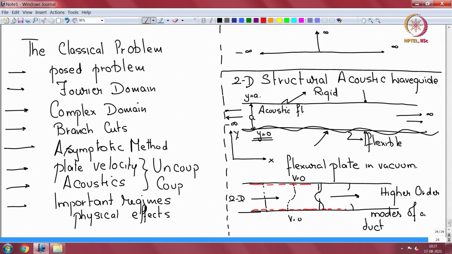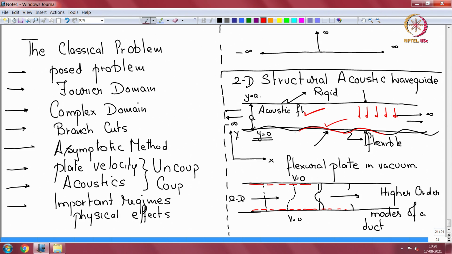But now we are going to place an acoustic fluid in contact with a flexible plate. So the fluid will see not a rigid boundary now, but a flexible boundary. Similarly, this flexing plate will see an acoustic fluid applying pressures to it. So this is a coupled problem.